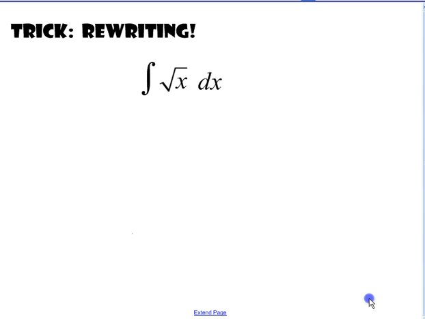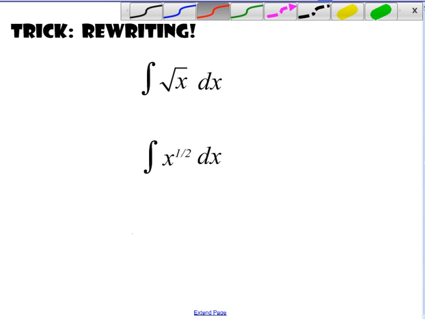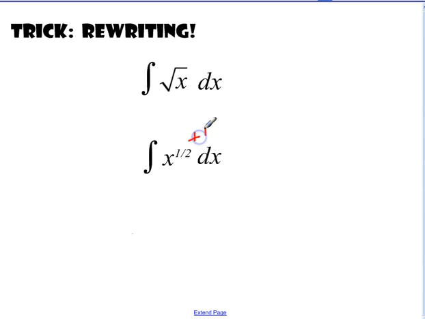So here's another one that we need to rewrite. Do you remember how you used to rewrite this when you did a derivative? Instead of writing it as the square root of x, you would write it as x to the 1/2 power. So with our new rule, we're going to add 1 to our exponent, which is going to give us x to the 1/2 plus 2/2.